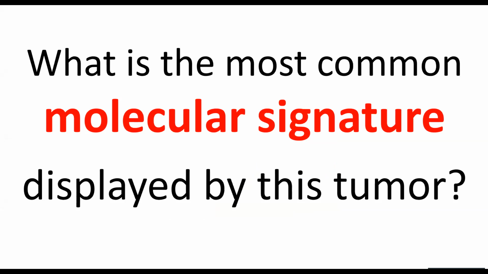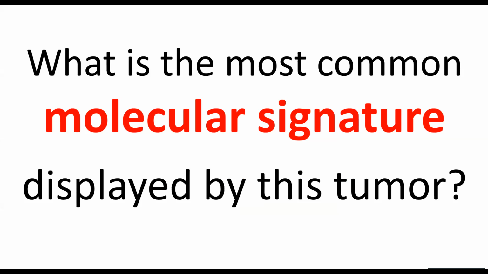I want to know what is the most common molecular signature displayed by this tumor. Now, when you design tests, you don't ask the first order, first level question, like you show a picture, what is this? It's an apple. You would ask something like, what is the drink that comes from what you're about to see, and it'd be apple juice or something like that.